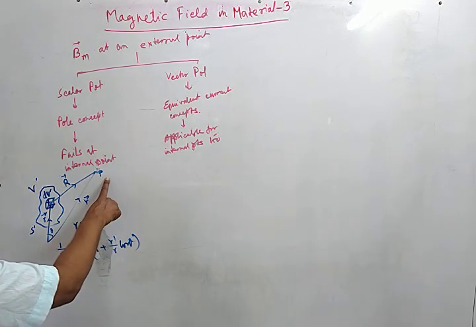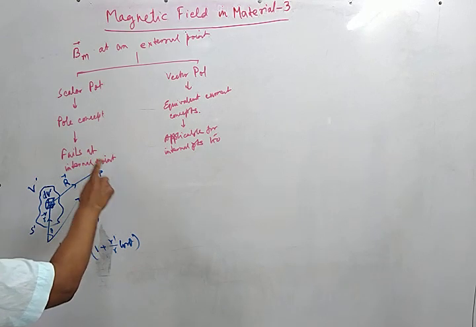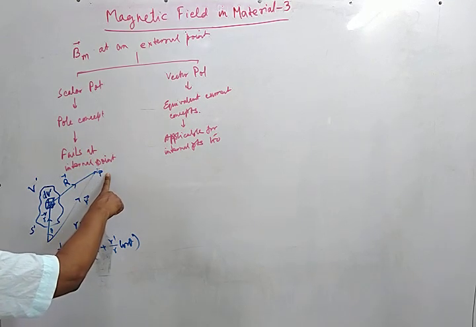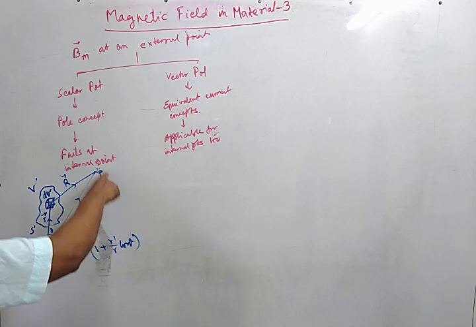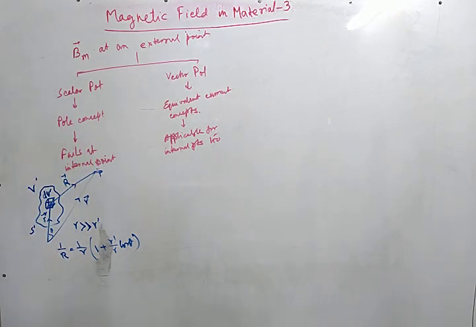So far as the external point is concerned, there is no current at the field point. Since there is no current, we can define a scalar potential. We shall firstly consider this, and will land up at the pole concept, that is, the concept of permanent magnets, North Pole and South Pole.